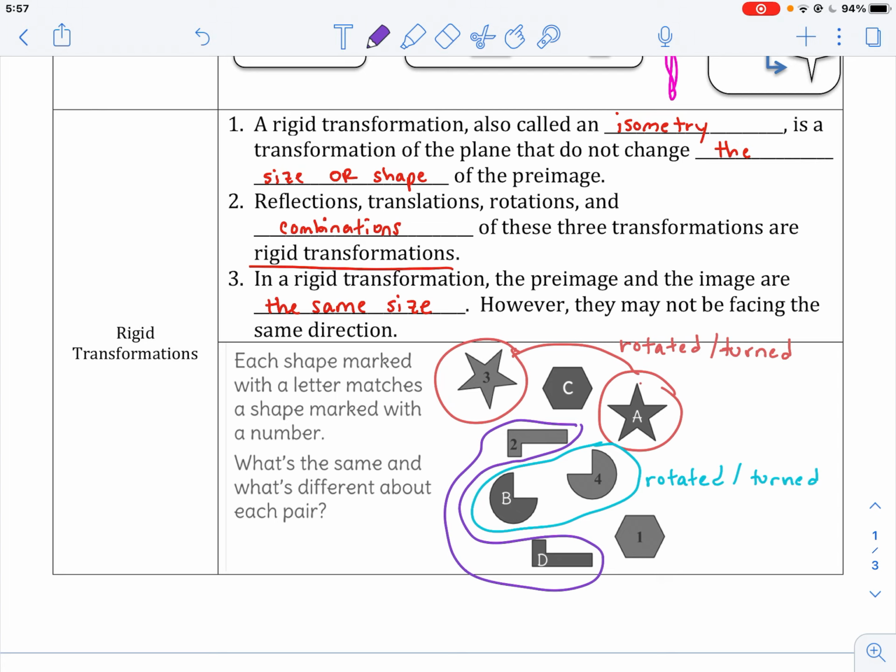Two and D, in one of them the smaller portion is facing up, and in one of them it's facing down.